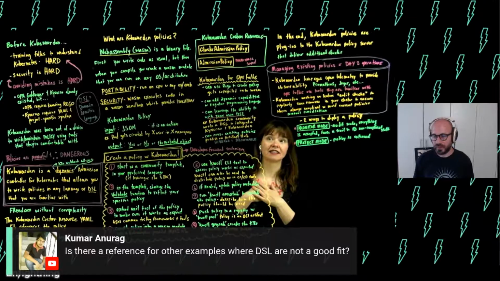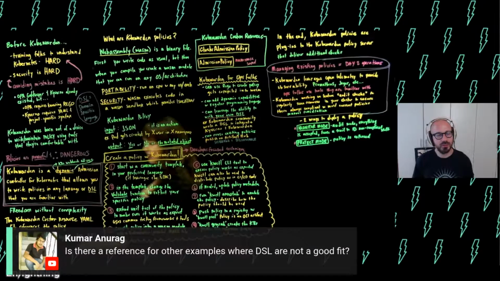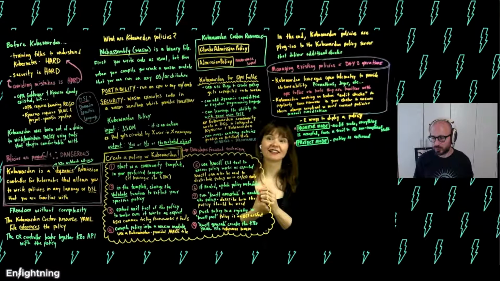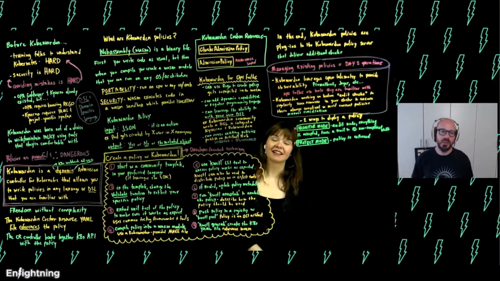Yeah, sure. And that allows me also to talk about another thing I wanted to bring up. For example, let's say you want only trusted images to be deployed inside of your cluster.